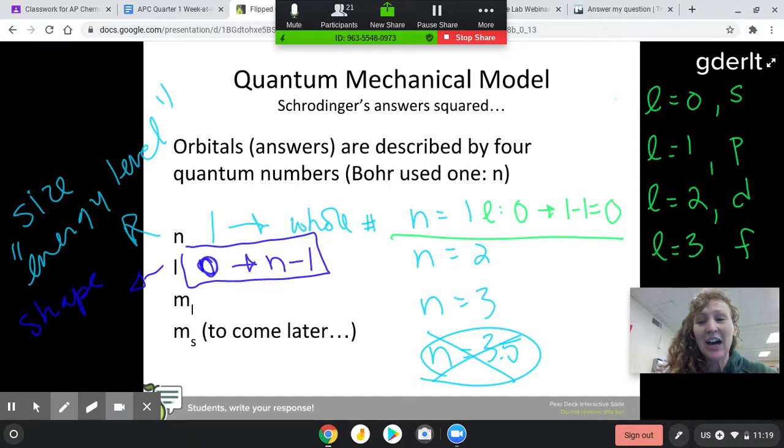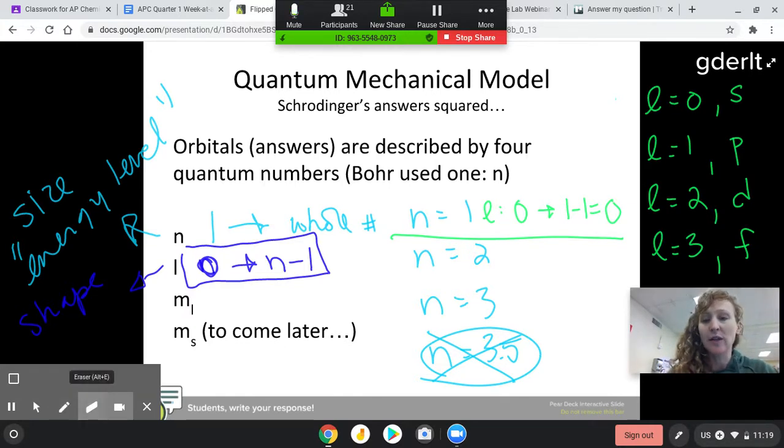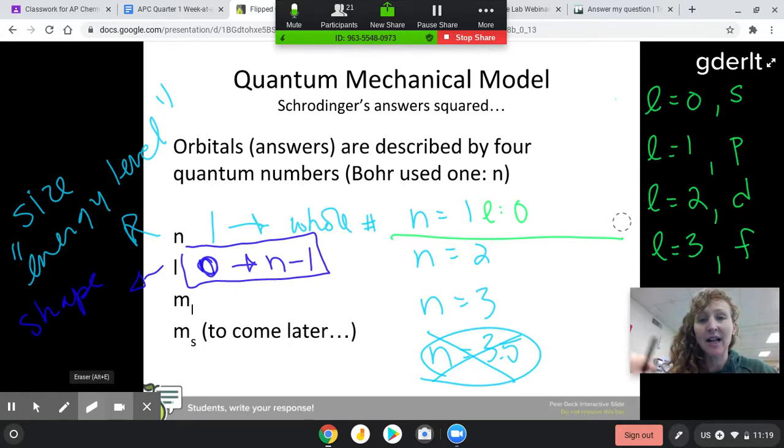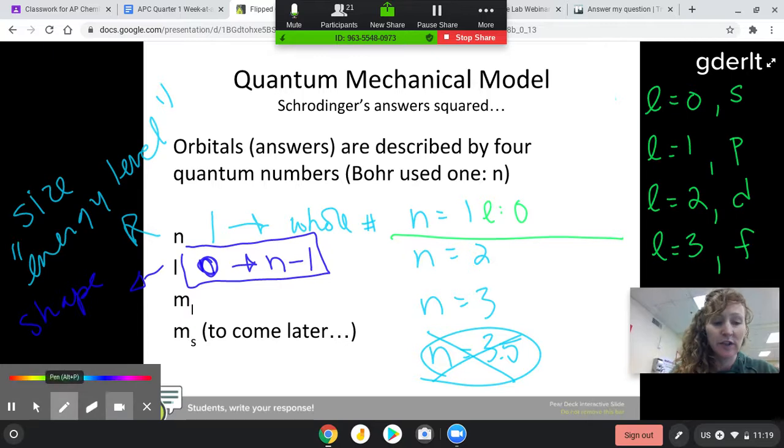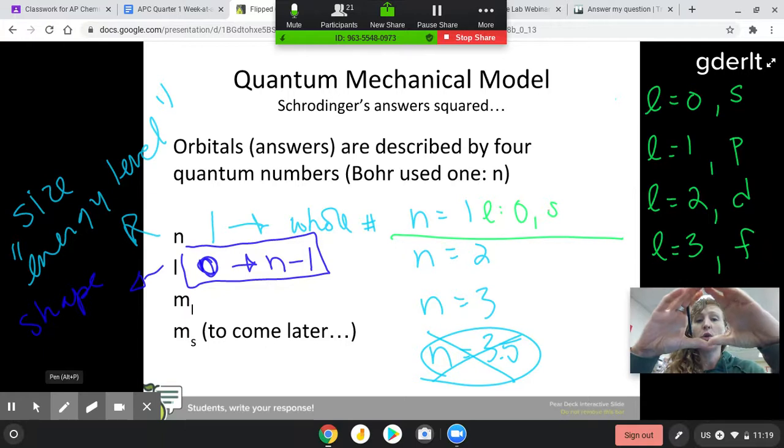Right. So in my N equals 1 energy level, I have one possible shape, and that's L equals 0, which shape? Right, the sphere. The only L value that is possible in this first energy level is L equals 0, which is sphere. So in the first energy level, the only possible shape is a sphere.